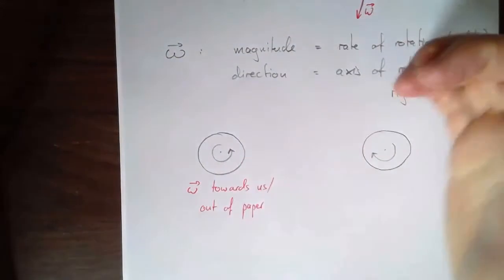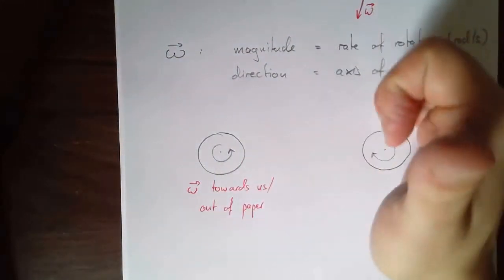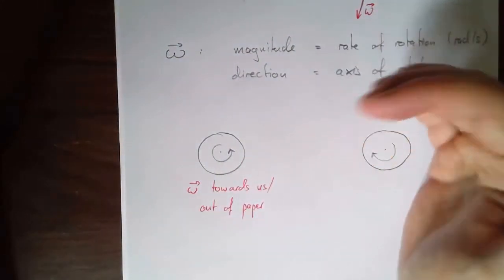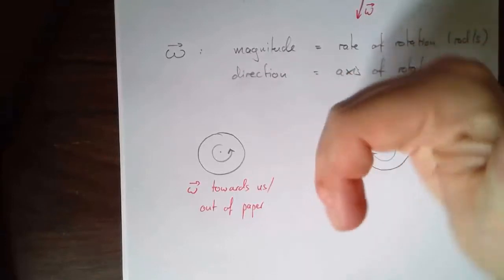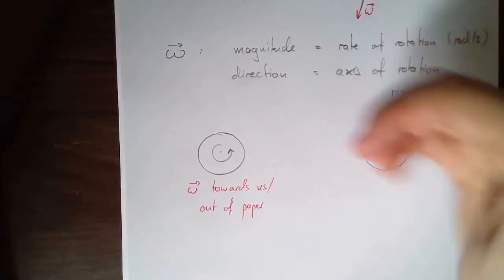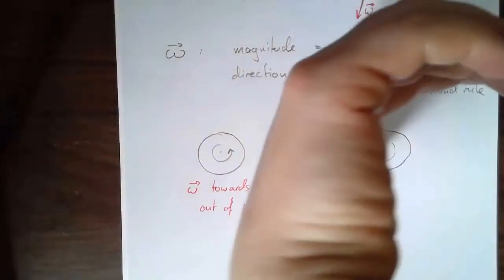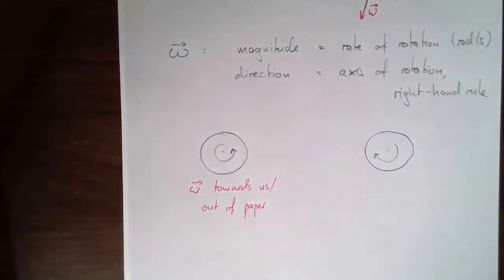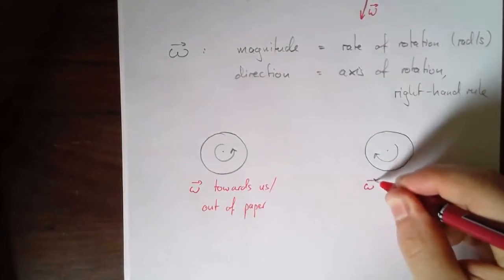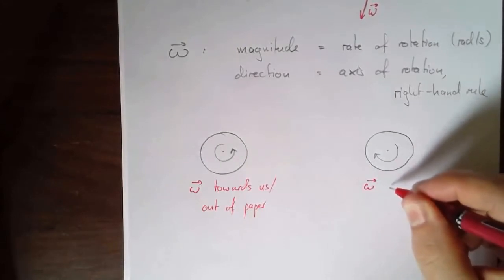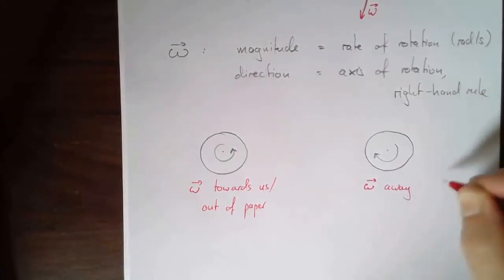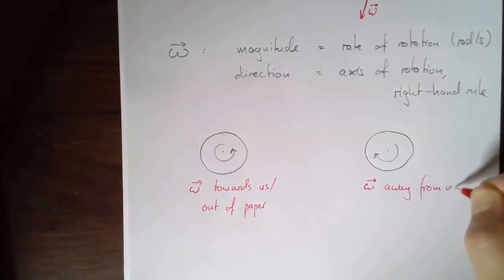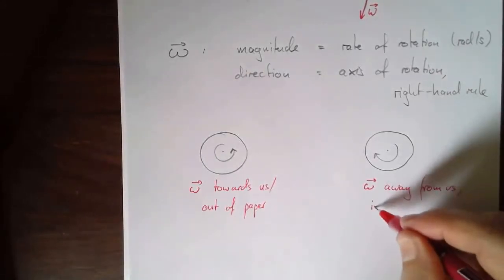There's no way I can have my thumb point up and my fingers point in the rotation in the same direction as this. I have to hold my hand like this to make this happen. So in this case, omega away from us, or into the paper.